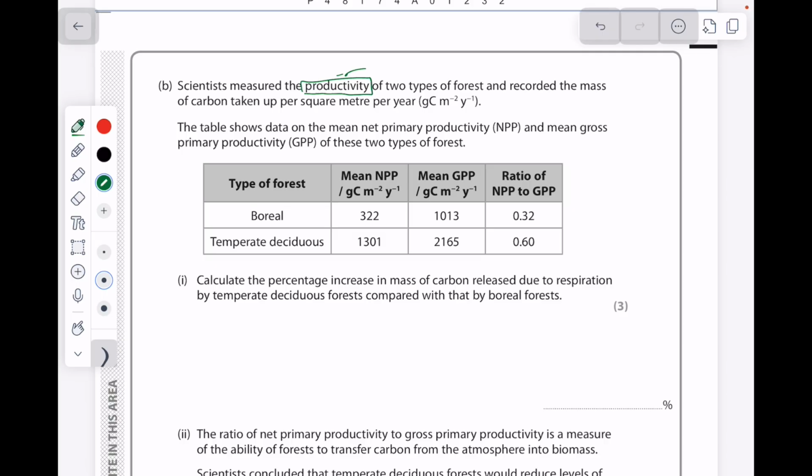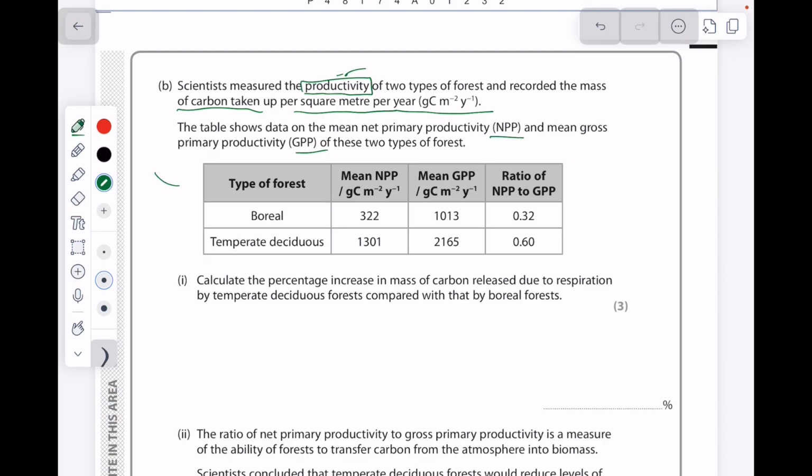They recorded the mass of carbon taken up per square meter per year. The table shows the data on the mean net primary productivity and mean gross primary productivity, so we got NPP and GPP, and we might need our equation that relates the two.